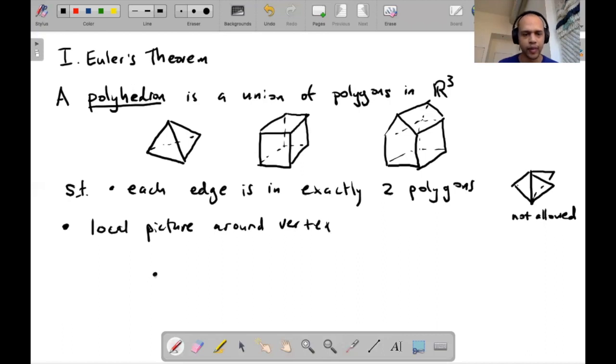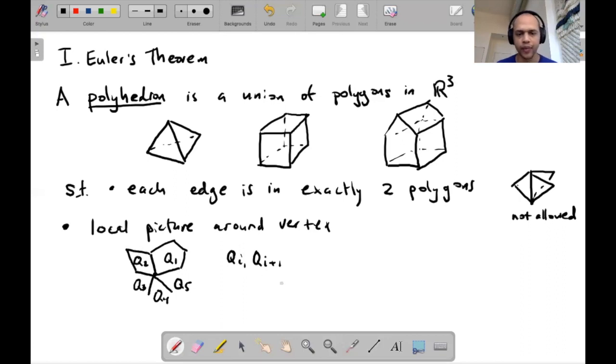It should be a collection of polygons which are consecutive ones meet in an edge. So here Qi and Qi plus 1, these are polygons, so there's some other sides which I'm not drawing, share an edge.